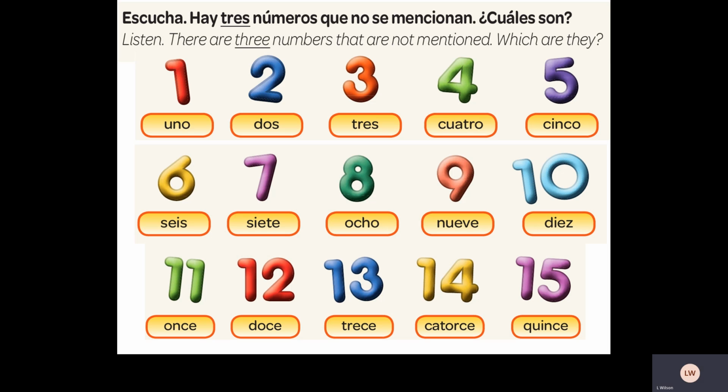Hay 3 números que no se mencionan. ¿Cuáles son? 1, 2, 3, 5, 6, 8, 9, 10, 11, 12, 13, 15.